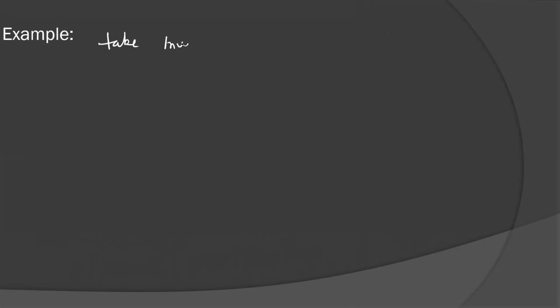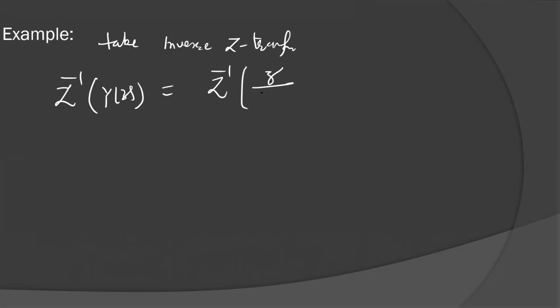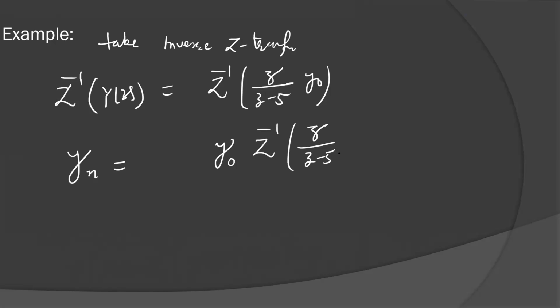Z inverse of Y of z equals z inverse of z over z minus 5 into y0, which is equal to y n. y0 is a constant, so we can take it outside.